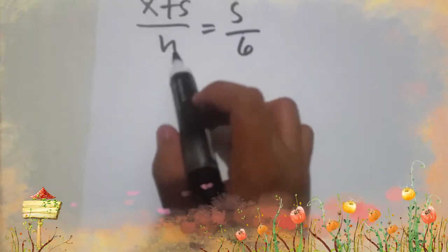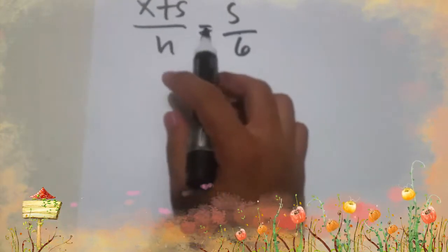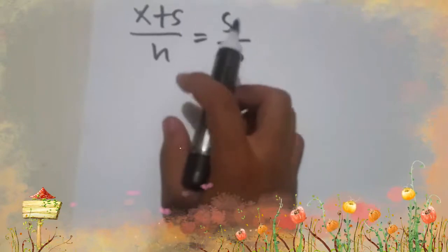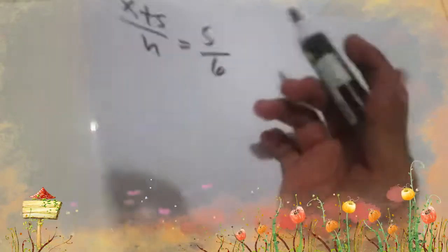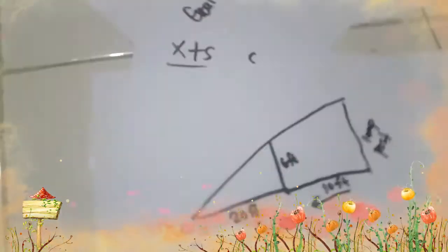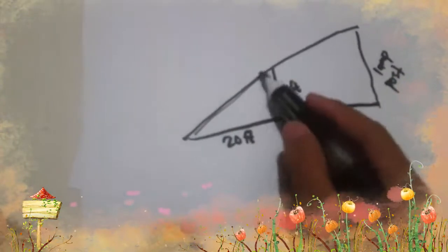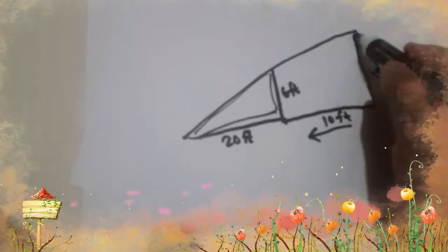The x plus s all over h is the bigger triangle. Since it is a similar triangle, it is equated to s over 6, which is the smaller triangle. So this is the smaller triangle, and this is the bigger triangle, the combination of the two.